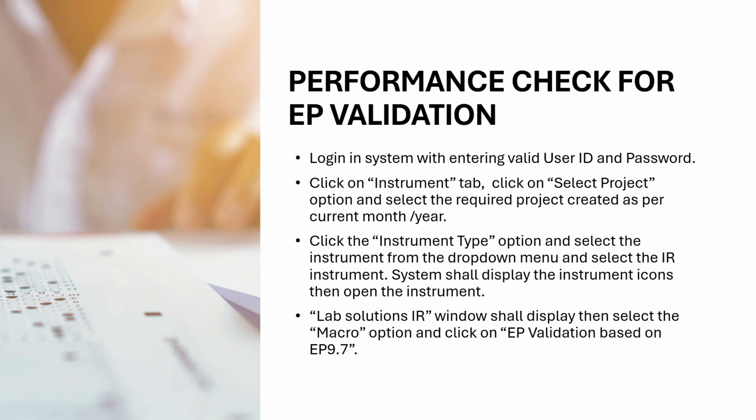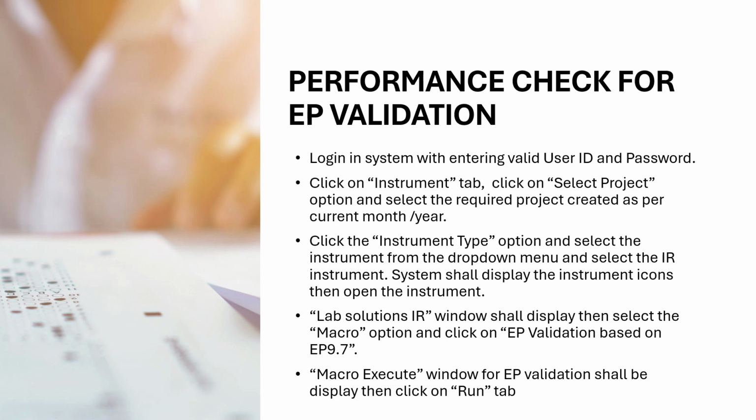This screen will display, and then here you need to select the macro option and click on EP validation based on EP 9.7. There are multiple options available, and from those you have to click on the EP validation because you are going to perform the EP validation, right?